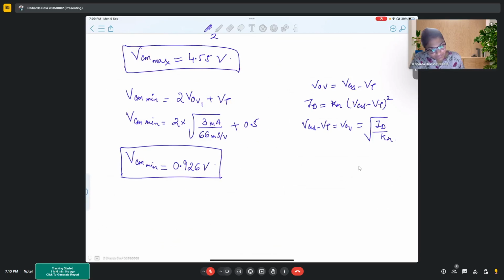And the difference between the VCM max and VCM min, we call it ICMR, the input common mode range. It is given by VCM max minus VCM min.